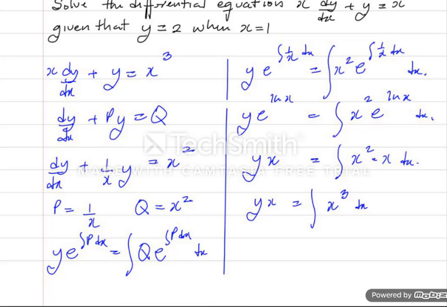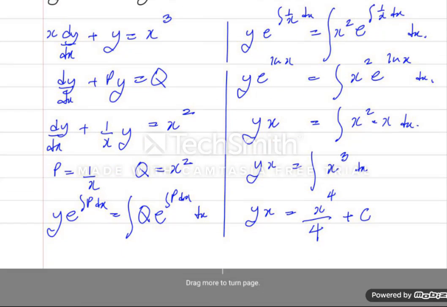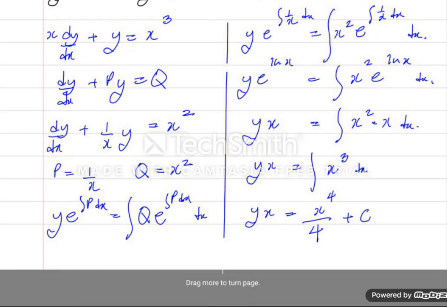So yx would be equal to x to the fourth over 4, because when you integrate, you increase the power by 1 and then divide by the new power, which is 4, plus c, the constant of integration.